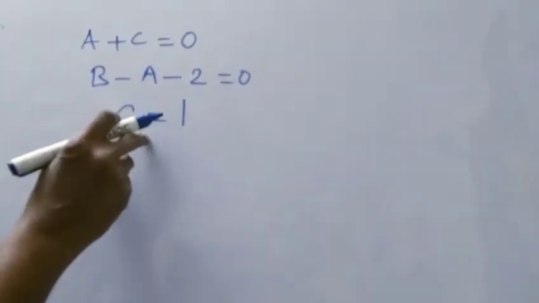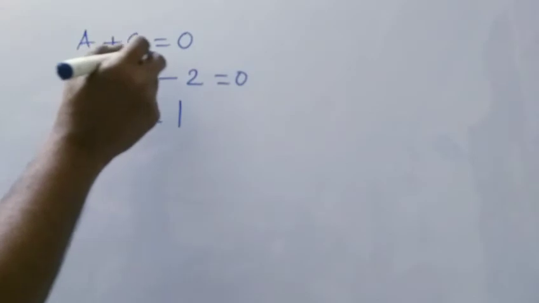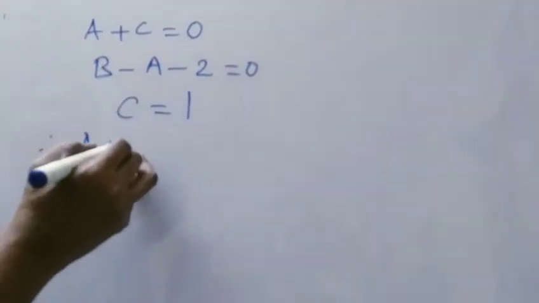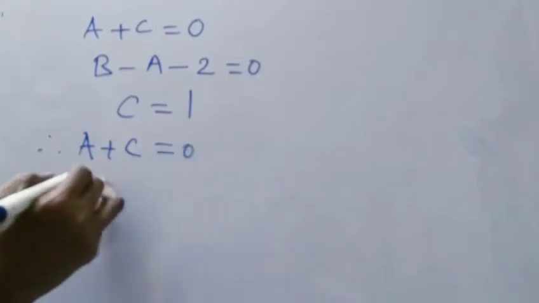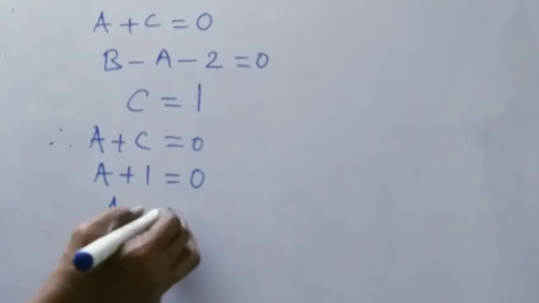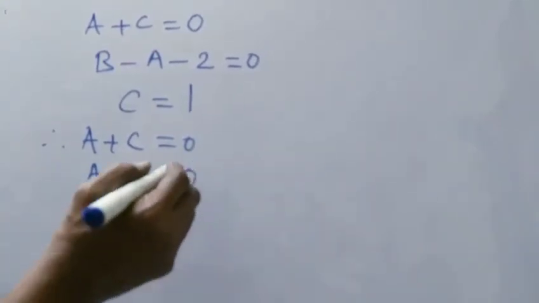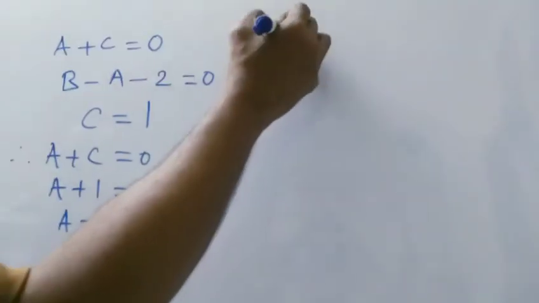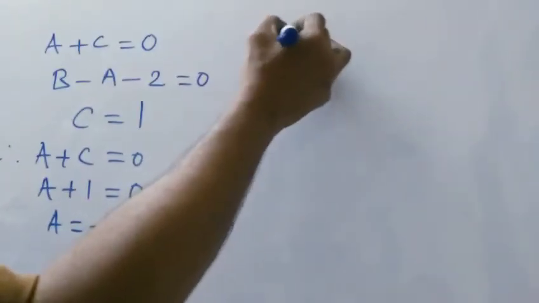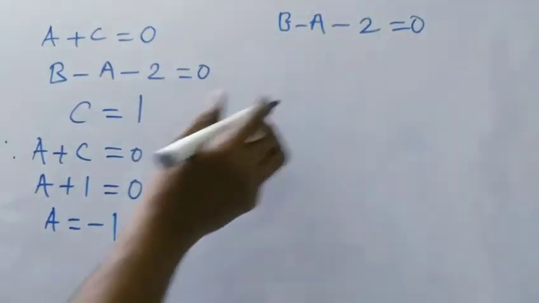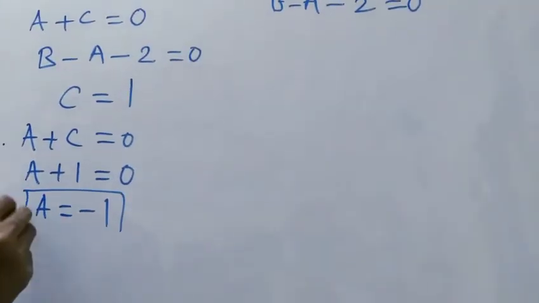Now substituting c is equal to 1 in a plus c is equal to 0, a plus 1 is equal to 0, a is equal to minus 1. And again b minus a minus 2 is equal to 0. Here we got the value of a.